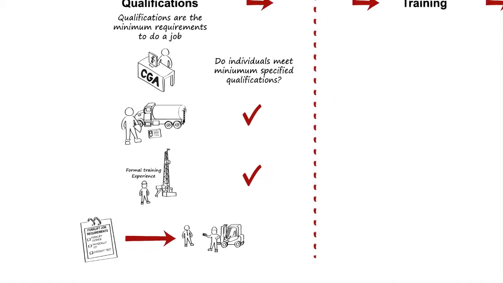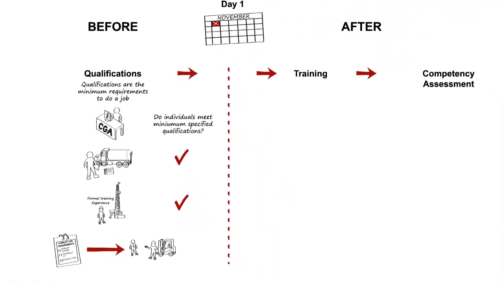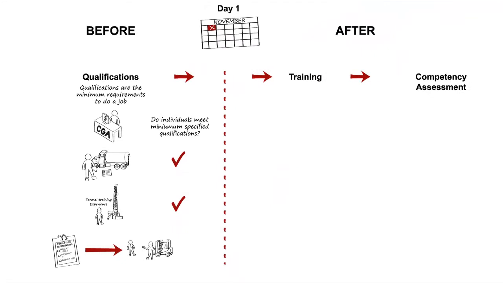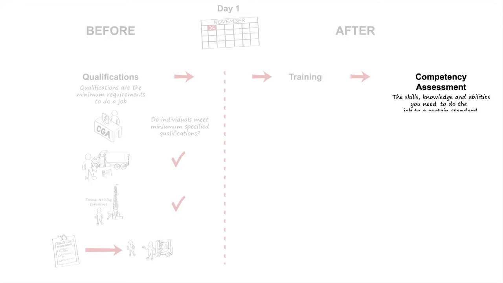All right, so what is the difference between qualifications or being qualified and competencies or being competent? In a nutshell, qualifications are the minimum you need before you're even allowed to begin working your job. Competencies are the skills, knowledge, and abilities you need to do the job to a certain standard.